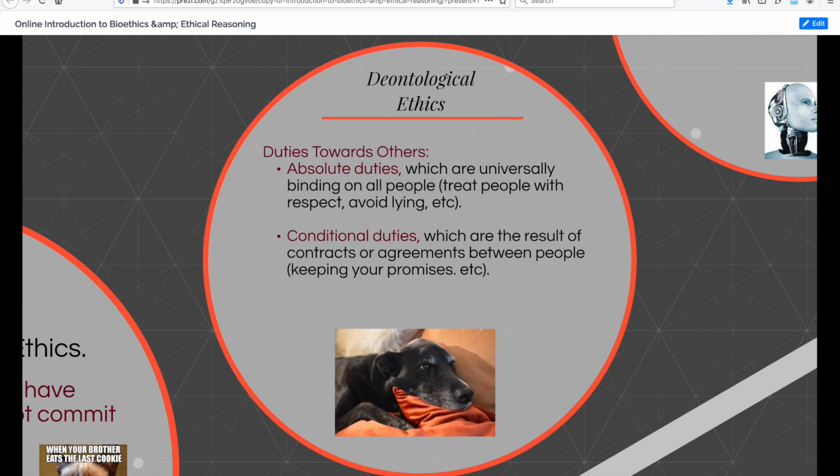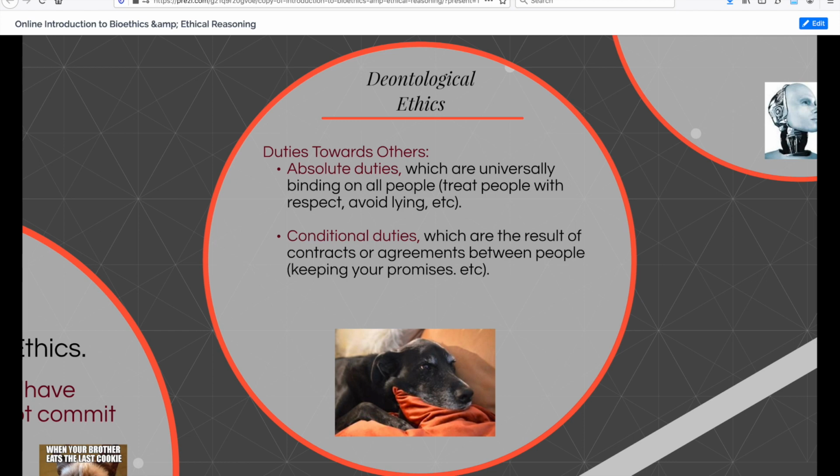Trying to avoid lying, etc. And these are basic duties that many people feel should be universally held, regardless of context. You shouldn't harm another person, regardless of what the context is, for those who hold duty-based ethics. You should avoid lying. You shouldn't steal people's cookies, right?